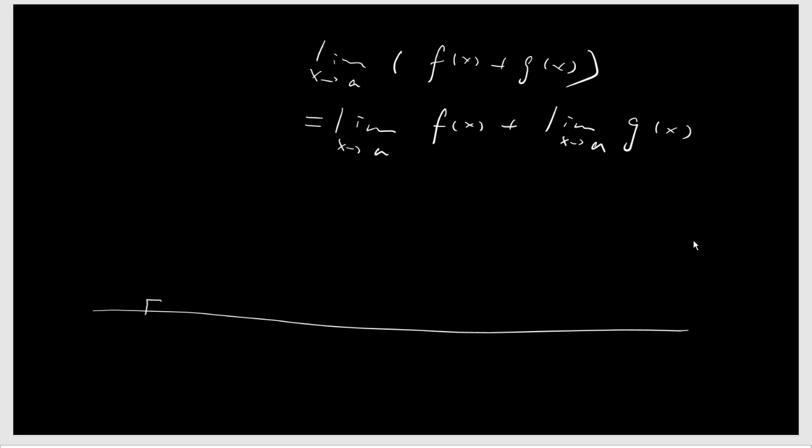Okay. So now let's say that's point A. If we are trying to evaluate the type 1 improper integral from A to infinity, now we are talking about the type 1 improper integral of a function from A to infinity.